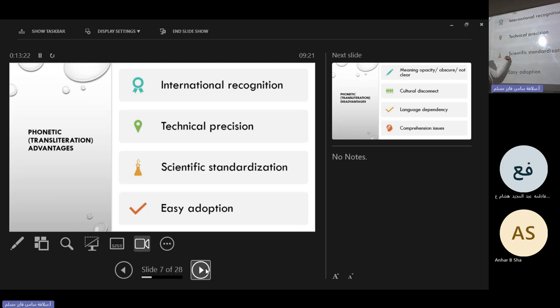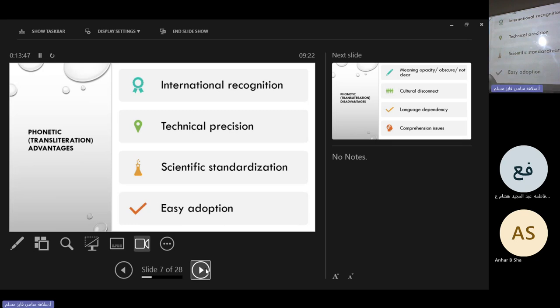It uses scientific standardization. It gives scientific vocabulary some standards for translators to follow. They will not need to search hours and hours for an equivalent. They are already standardized.